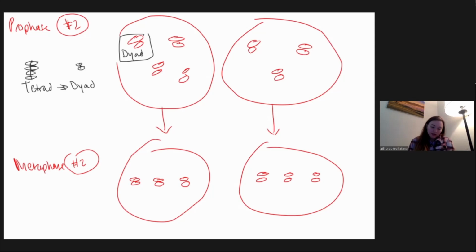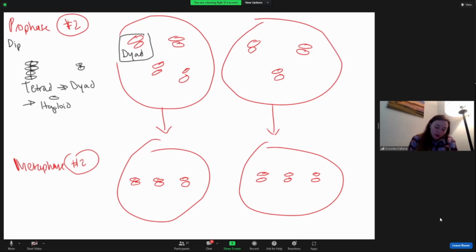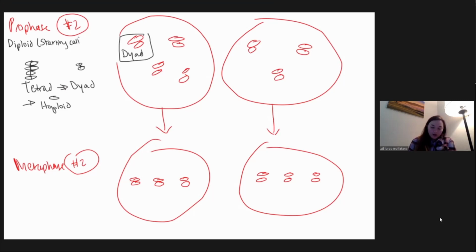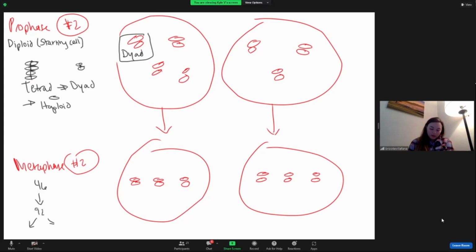And then you asked about diploid. That's a great question. A diploid is the starting cell. Remember how we talked about 46 goes to 92 and then goes to 46, 46, and then those become 23. I don't really have room, but 23, 23.